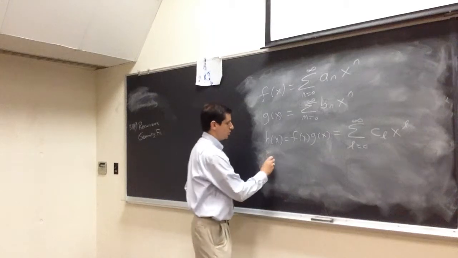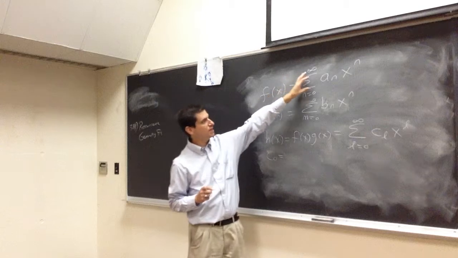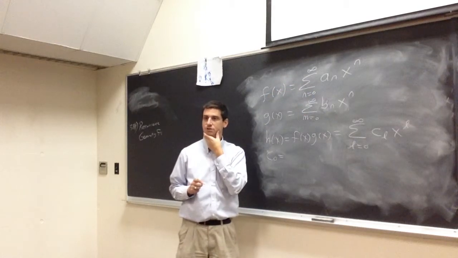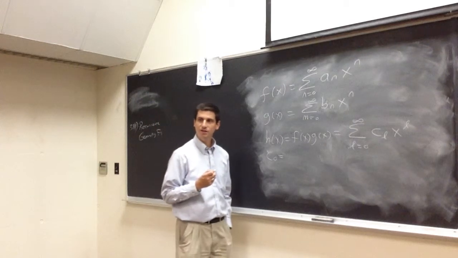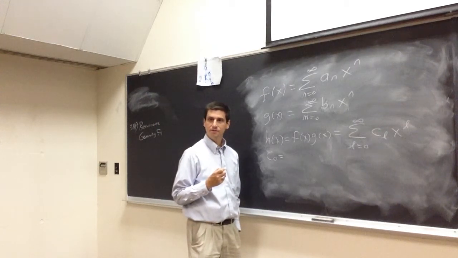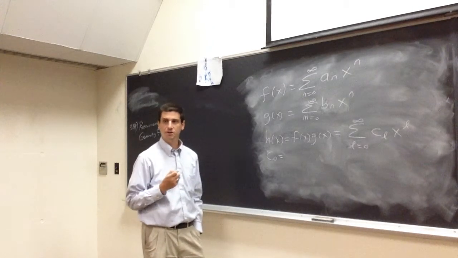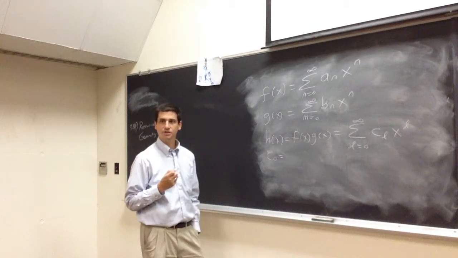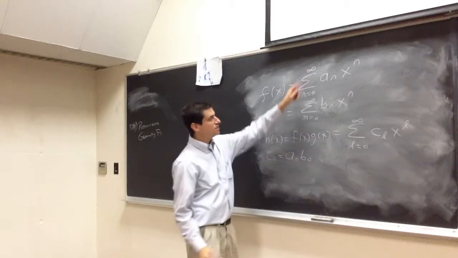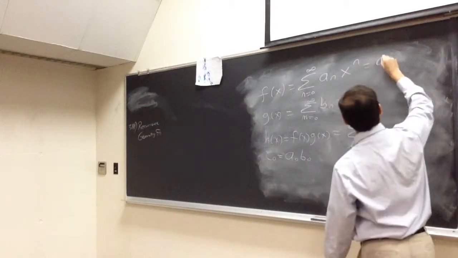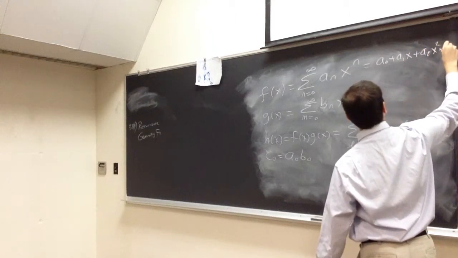What is c0 going to be? We look at all the ways that when I multiply this by this, I get something of x to the 0. So what will c0 be? Not a1 times bn. I want c0. You're close. a0 times b0. Now, if I multiply these together, this is equal to a0 plus a1x plus a2x squared, and so on.